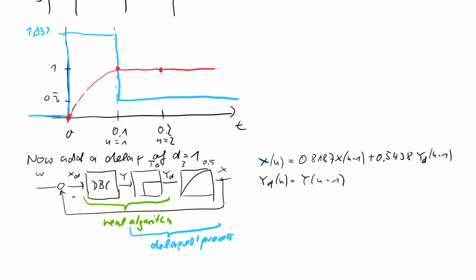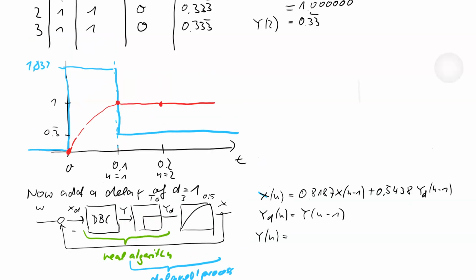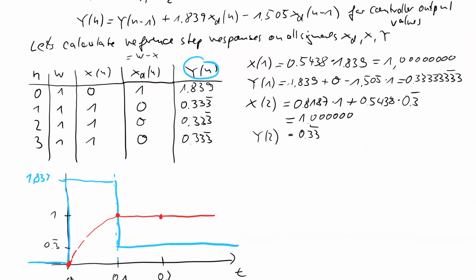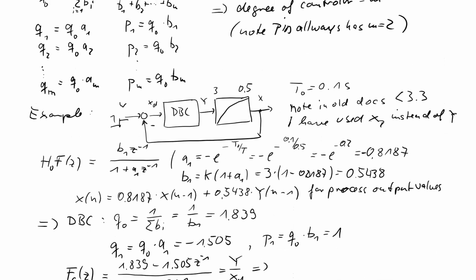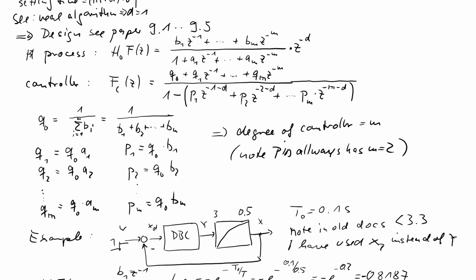That is a delayed output of my controller, and my controller algorithm now has to be written differently, so I have to go back to the situation where I described this. Now d is 1, independent of whether this d is in the numerator or in the real algorithm, in the process.